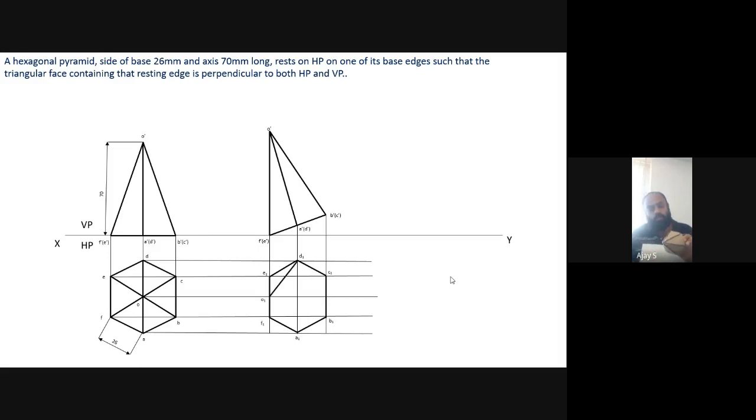And this thing will get overlapped. You are able to see this edge, this edge, this edge, and this edge. These two edges, since they are perpendicular to both HP and VP, will just coincide. Something perpendicular to you, you just see a point. So this is the final position we have got.